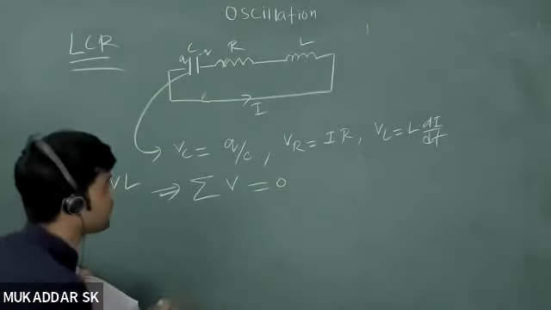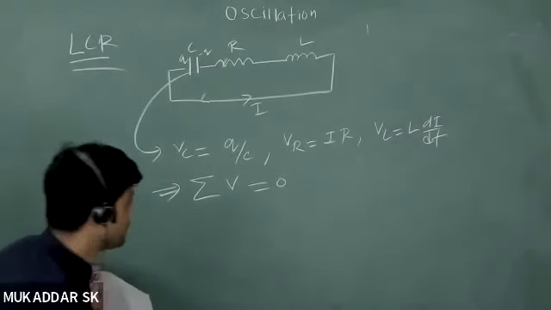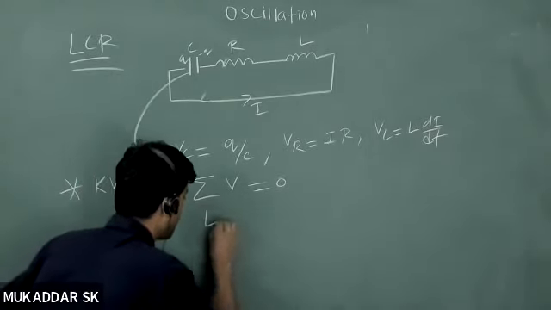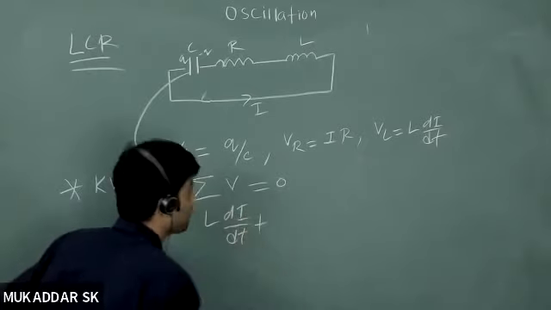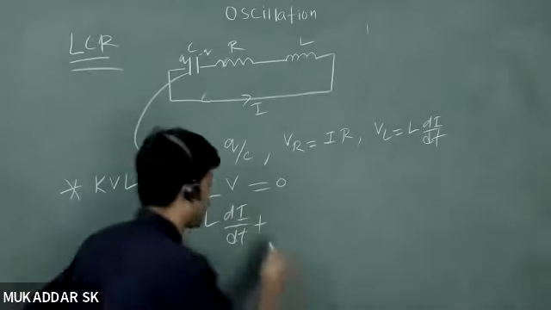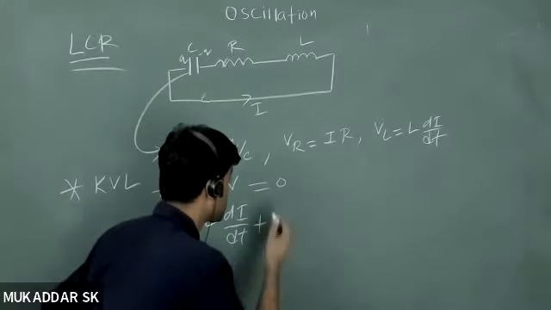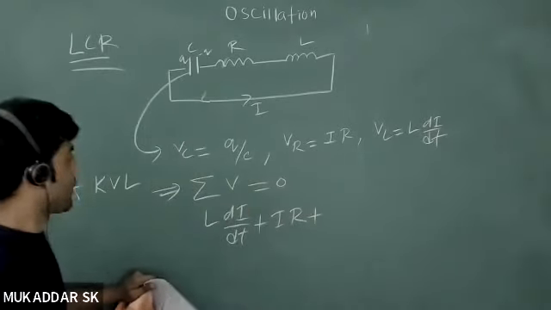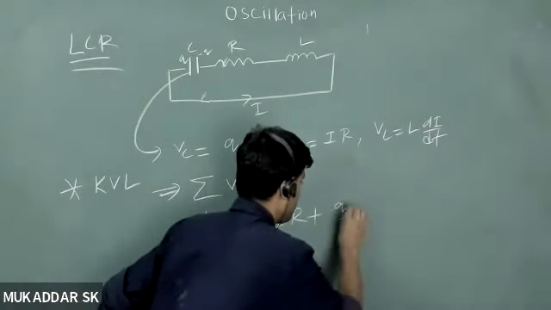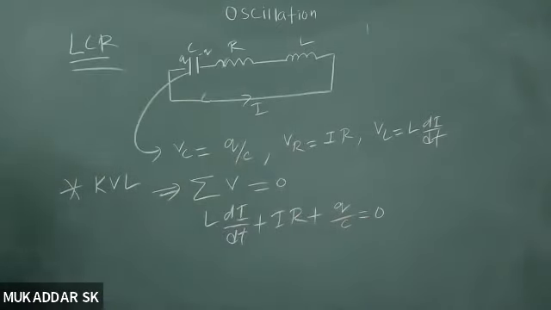So if you just substitute these values, first I'll substitute the value of VL. VL is nothing but L di by dt. Then I'll substitute IR, that is the potential drop across your resistance, and the potential drop across the capacitor, that is Q by C. That should be equal to 0 according to the KVL theorem.